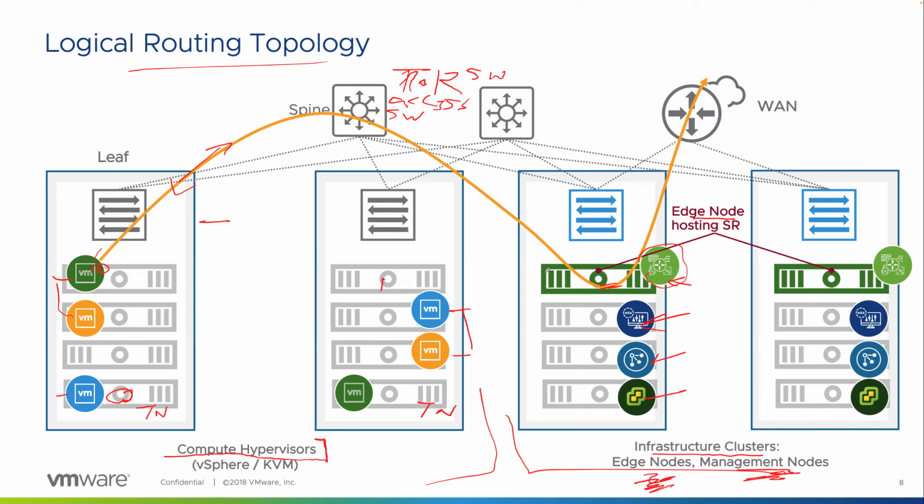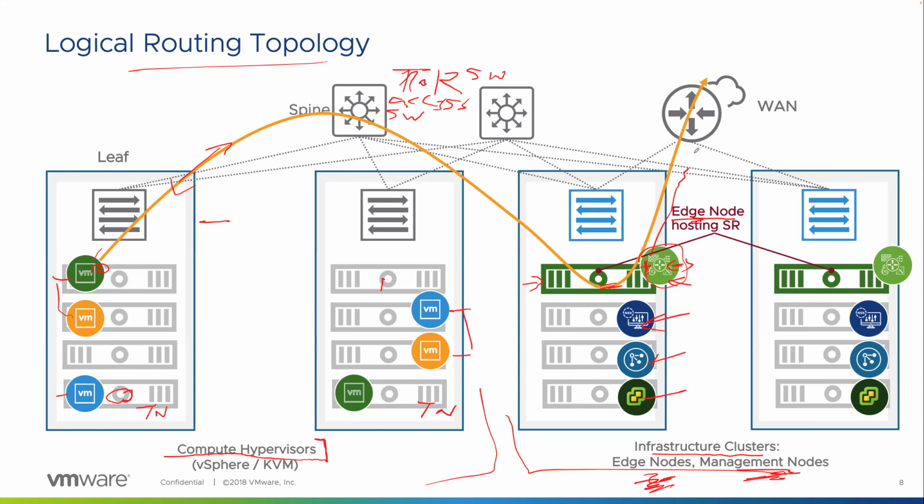And then it goes to another infrastructure cluster physical server. Logically, the traffic is headed to the logical router, or just edge node.